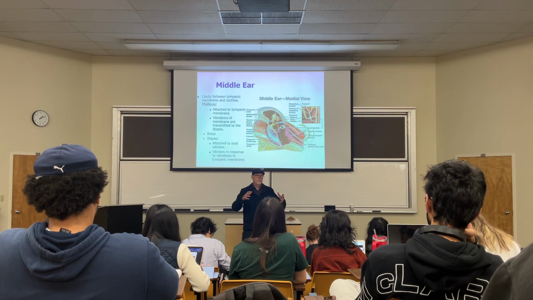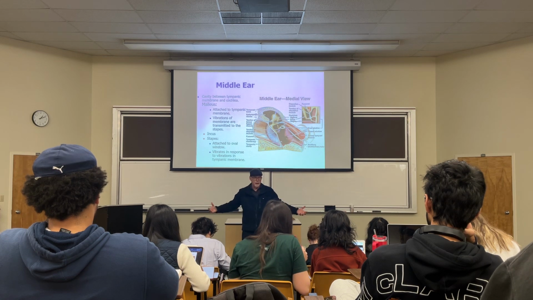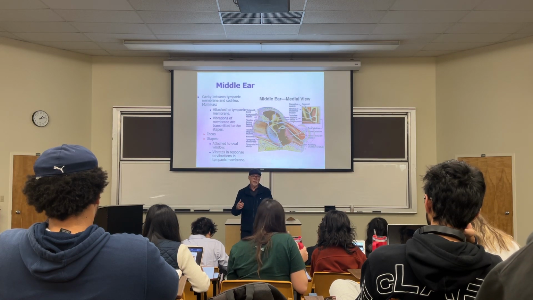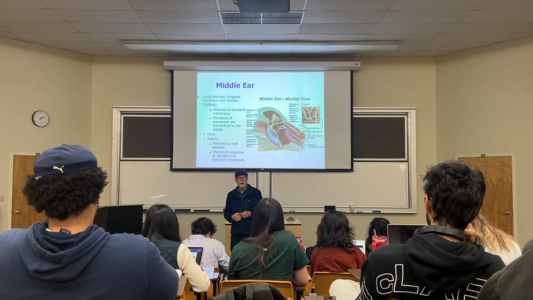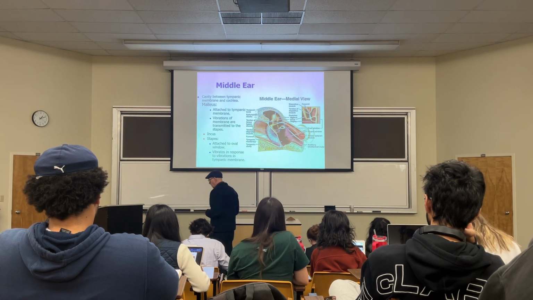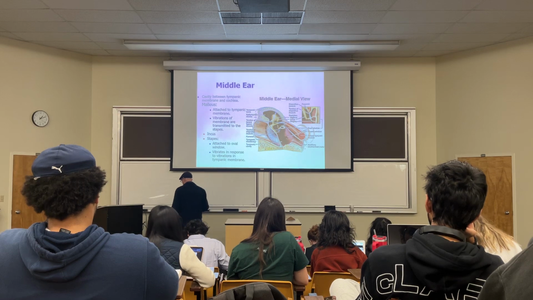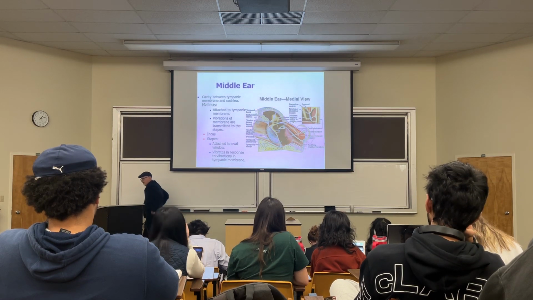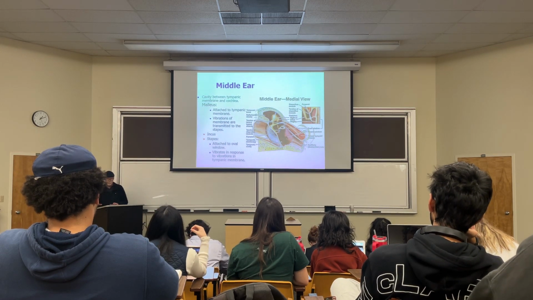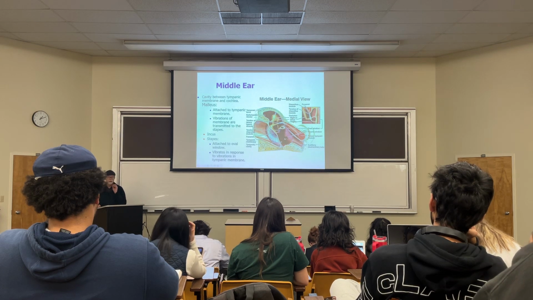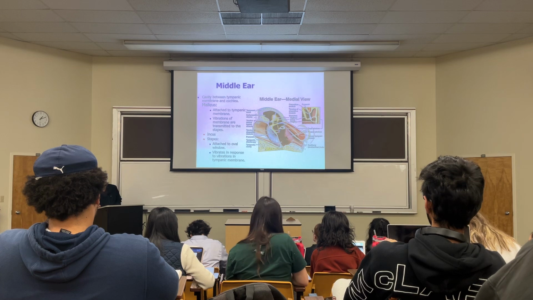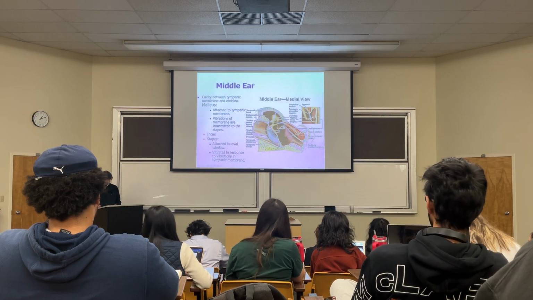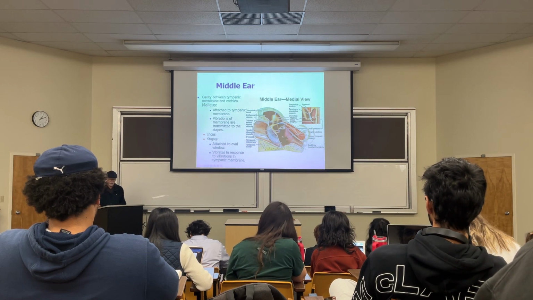If the sound is loud enough, it doesn't matter. You can overwhelm those muscles and damage the ossicles and your conducting system in that way. Of course, as we age, the tympanic membrane and the ossicles can also, through wear and tear, not work as well. And so that can lead to some hearing loss.